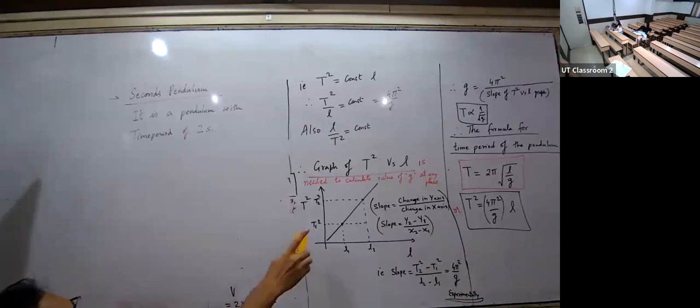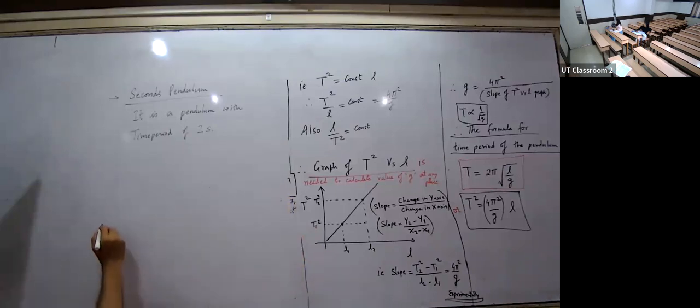There is only one formula, T is equal to 2 pi root L by G. Since T is equal to 2 pi root L by G, you square both sides, you'll have T square equal to 4 pi square L by G. Root will disappear. Therefore L is equal to T square G divided by 4 pi square.